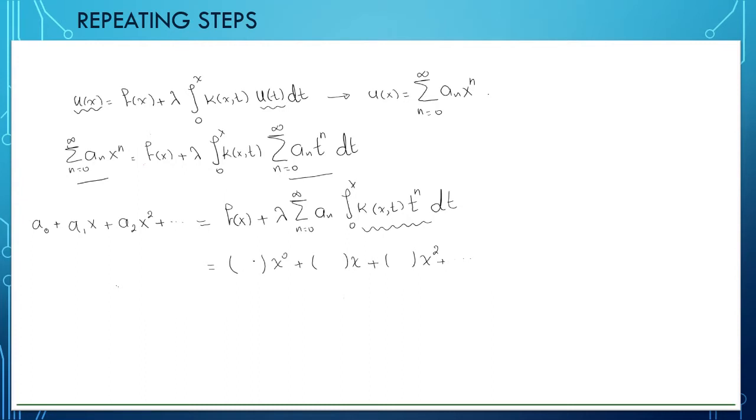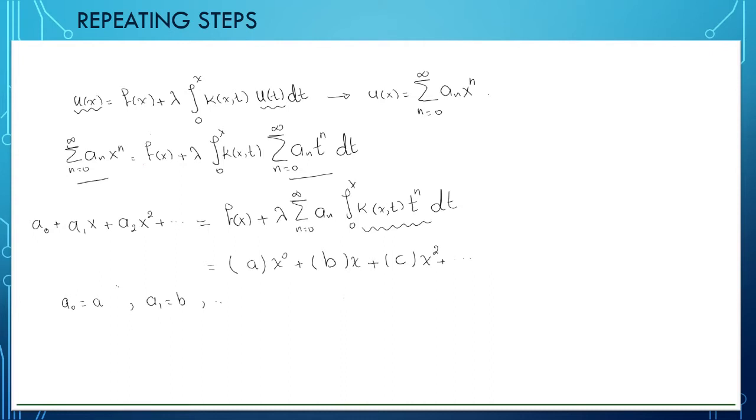Let's say if this is A, this is B, this is C. So by comparing both sides, we get a naught equal A, a1 equal B, and so on.